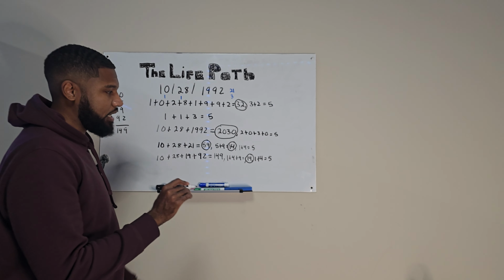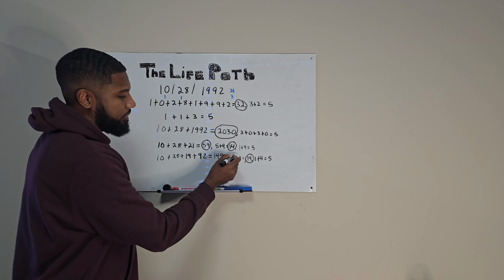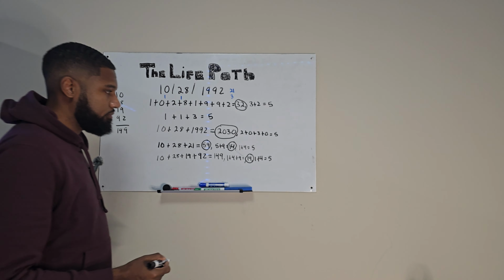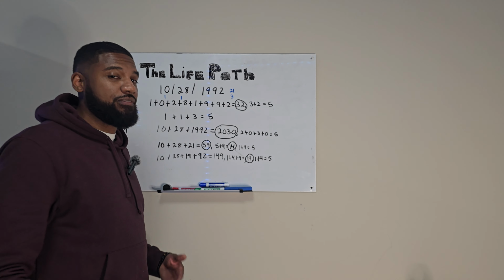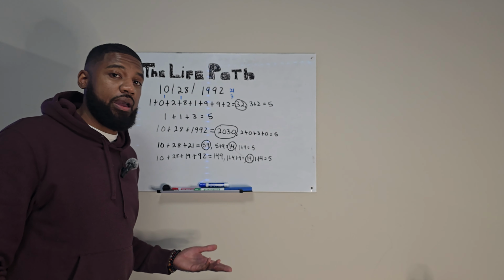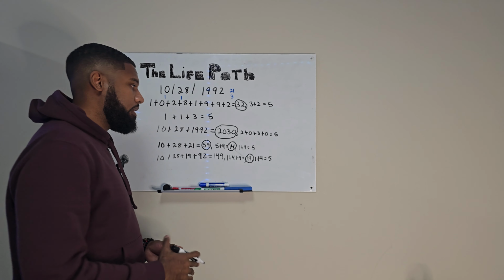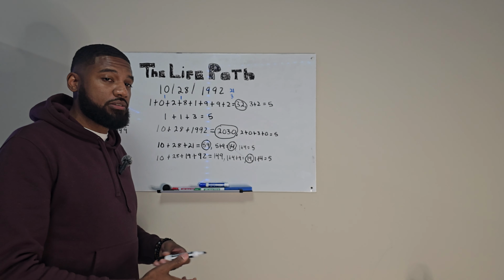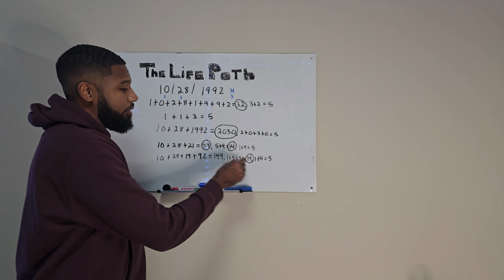And the other thing I want to point out is that using both these methods, I see the karmic debt number 14. Now, that would show me that there may be some type of karma in this person's life path. Maybe it might only be for a certain time period, but if I see it, and I'm doing a reading or a numerology report for a person, I definitely make sure I bring this up.